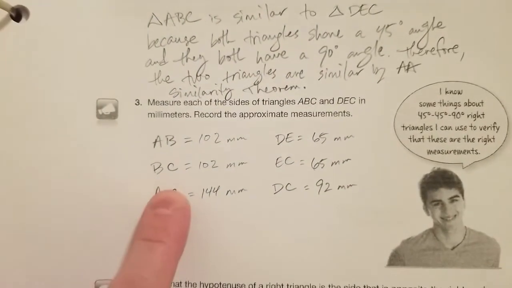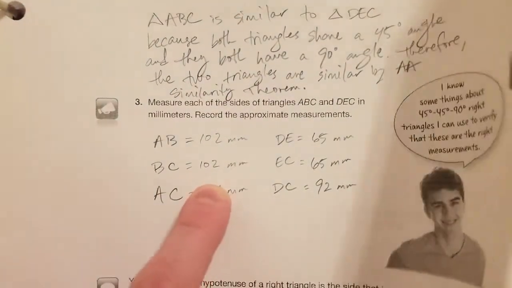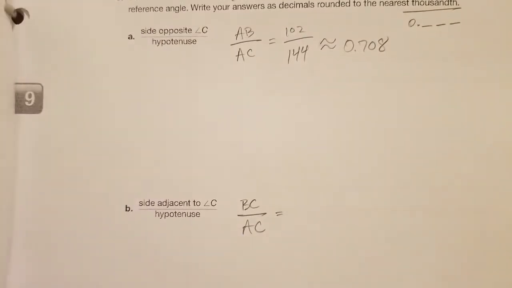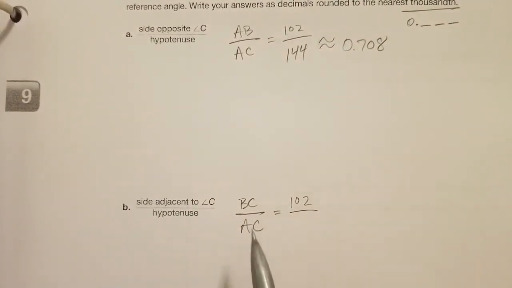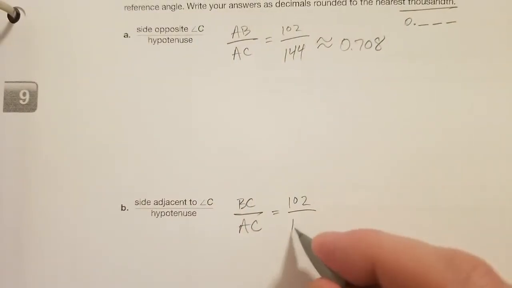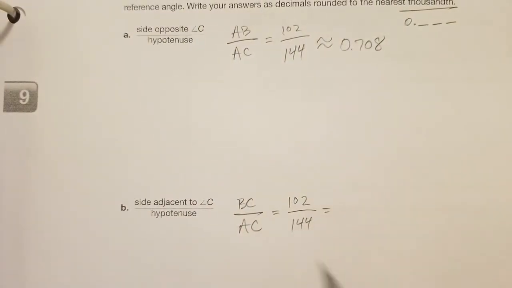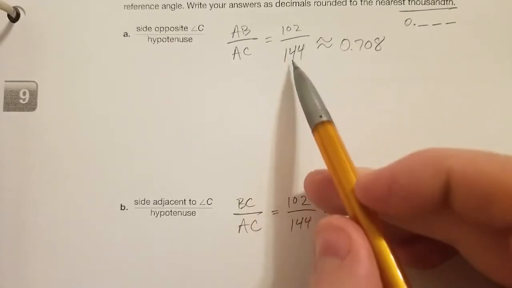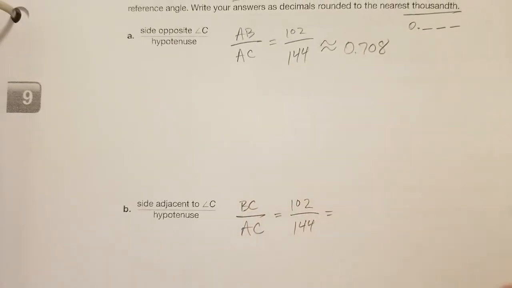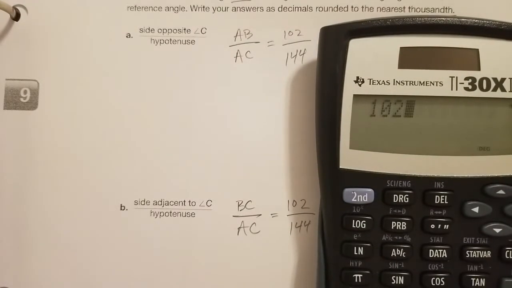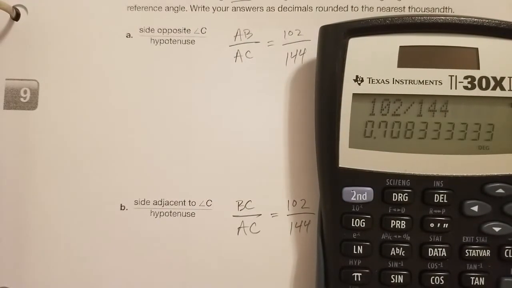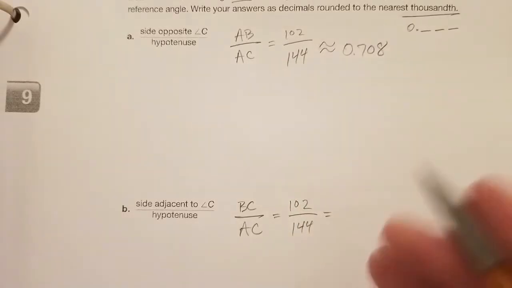If I go back and look here, BC was 102. So I'm going to put 102. And AC, I already know is 144. I've already done this on the calculator, 102 divided by 144, so I know the answer is still going to be the same. It would be 102 divided by 144, 0.708.